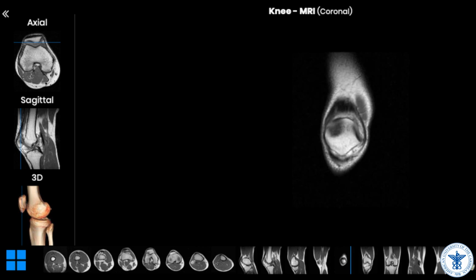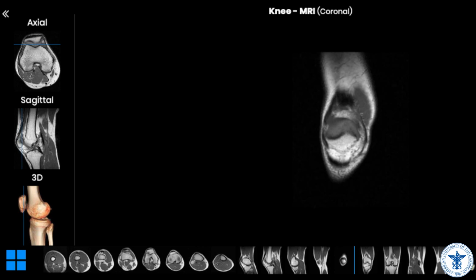Well, as we go deeper, we enter the cavity of the knee joint, and at this image here you see the infrapatellar fat pad, this whitish area, and the suprapatellar synovial bursa.